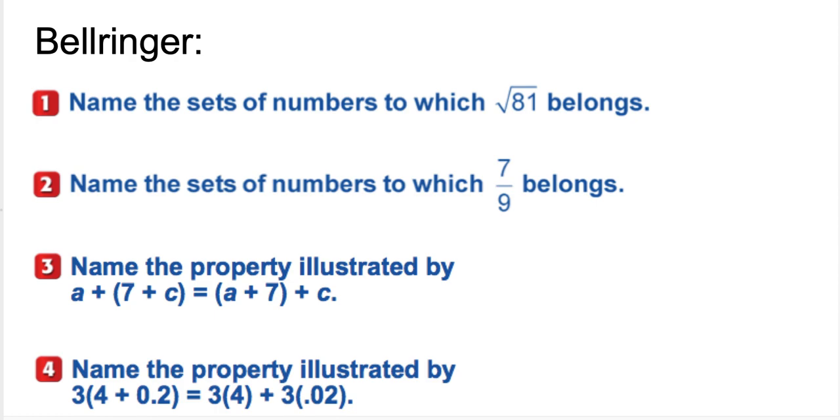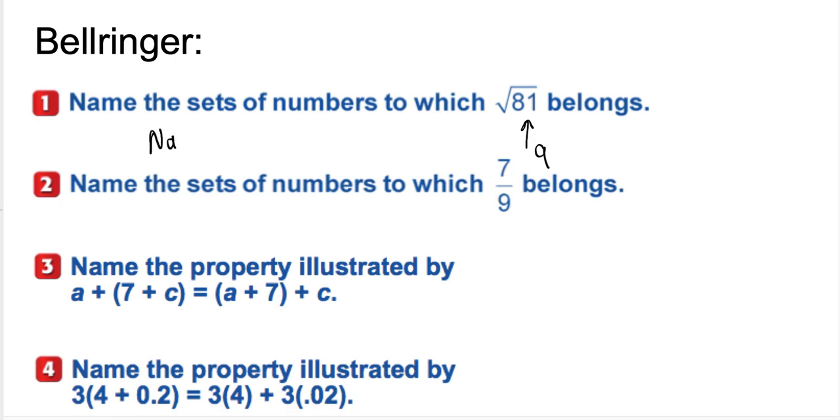All right, so number 1, which set of numbers does the square root of 81 belong to? You might automatically think square root, that's an irrational number. Well, no, is it a nice square root or not? This is actually just a 9. Then you're asking yourself, what number set or sets does 9 belong to?